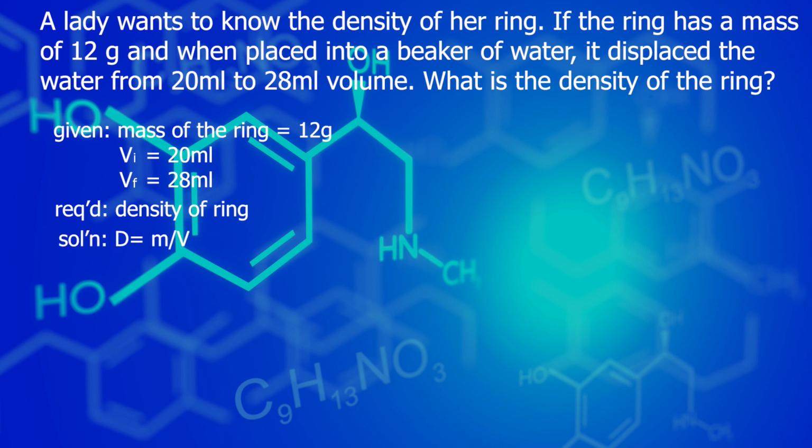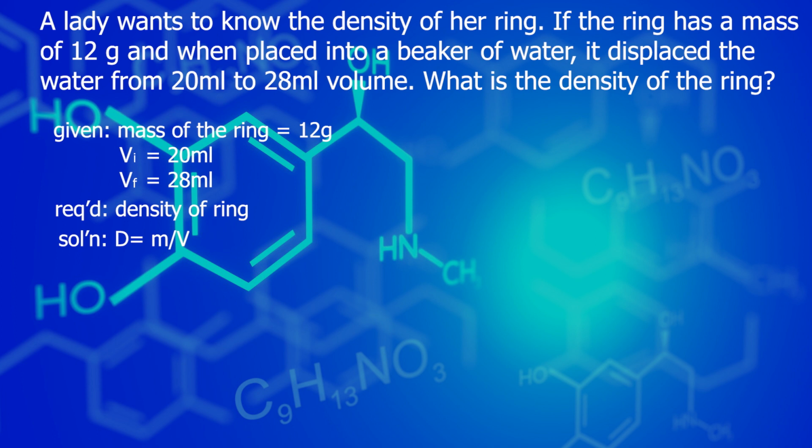We said that density equals mass over volume. In this case, the ring is an irregularly shaped object, so we are going to avail of the Archimedes principle, which says that the volume of a liquid displaced when an object is placed totally into this liquid is equal to the volume of the object.